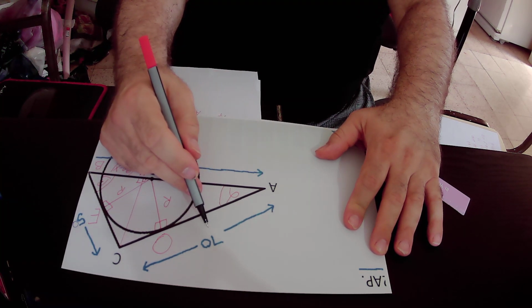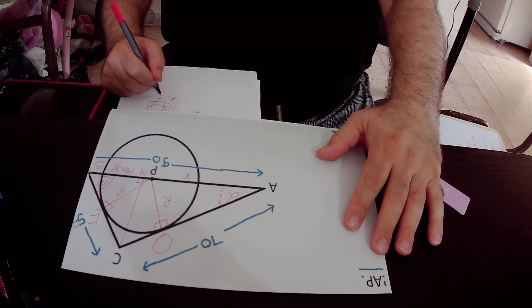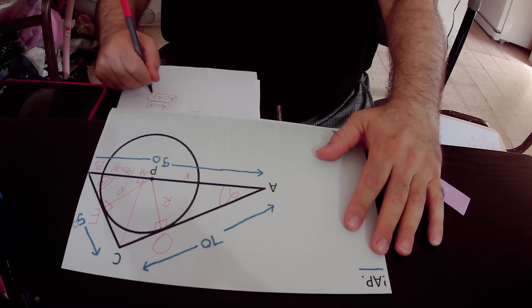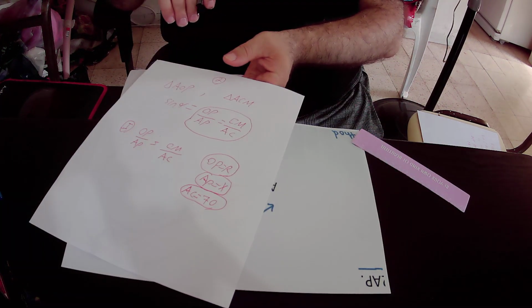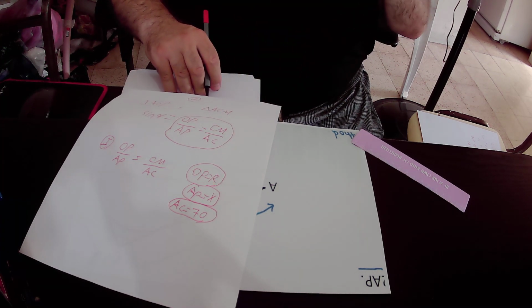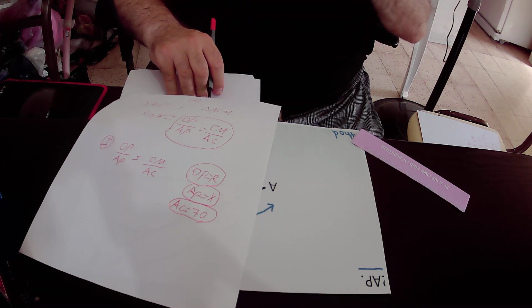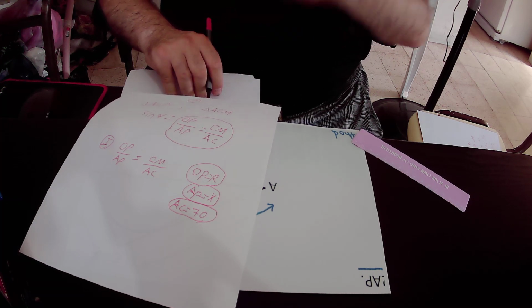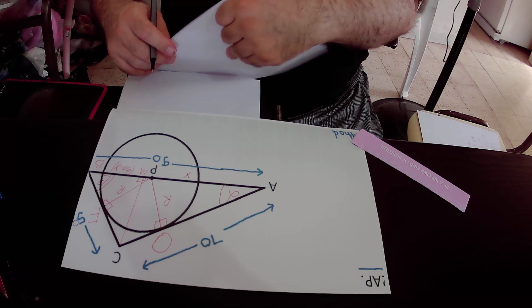AC equals 70 units. I write it down. AC equals 70 units. So we got that OP equals R, AP equals x, and AC equals 70 units. So actually we can put the data in equation number 1. Okay, we'll do it now.